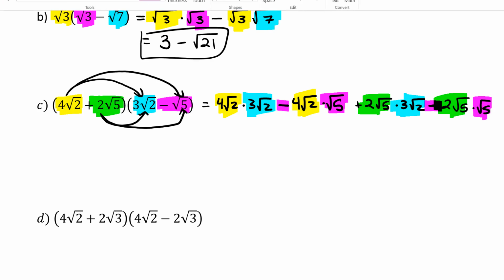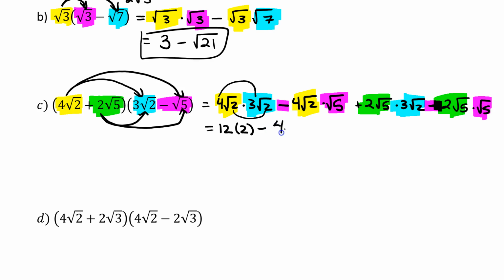Now what I'm going to do is multiply number to number and radical to radical. So 4 times 3 is 12. Root 2 times root 2 is 2. Minus 4 times the coefficient in front of this one is 1, so it's 4 times root 2 times 5 is 10.